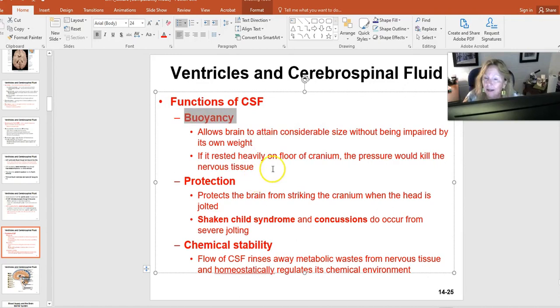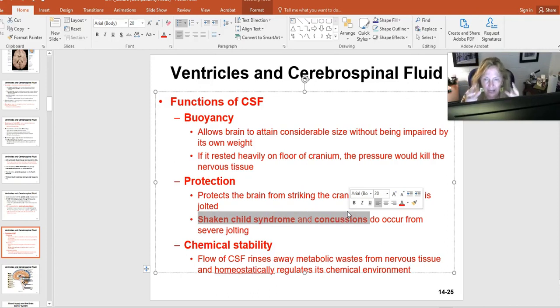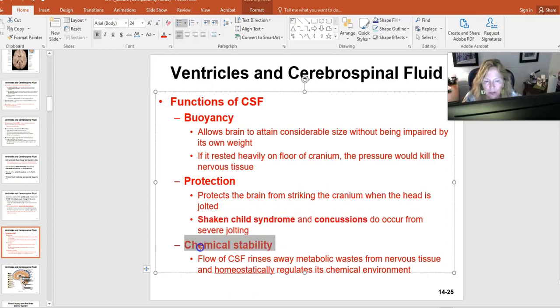It protects in that respect. We have all heard of shaken child syndrome and concussions that happen from the inside out, when a child, or anyone for that matter, is severely moved in such a way that the brain hits up against the inside. Like I said, a concussion from the inside rather than the outside. That can actually lead to death. That we know. The chemical stability is really important.